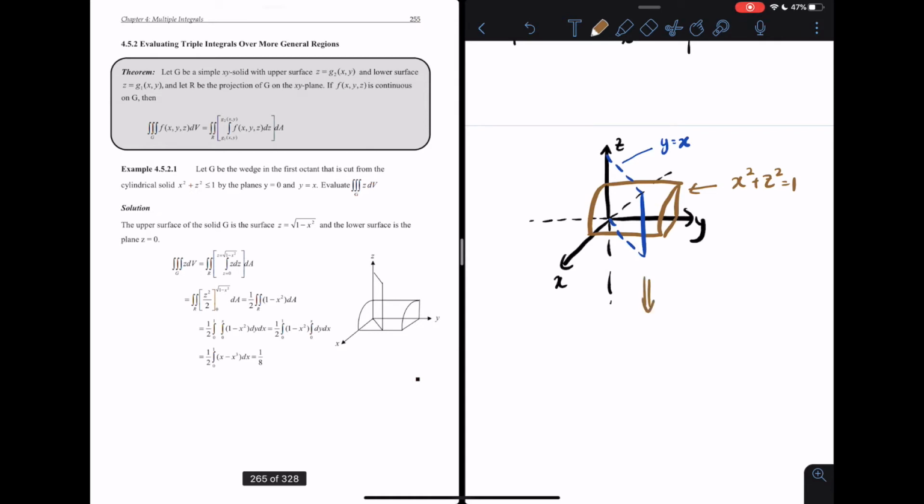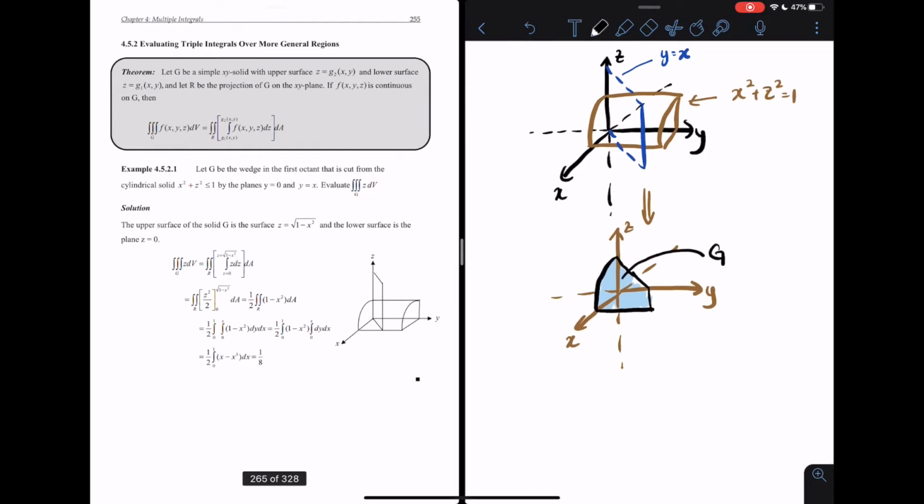Then you will end up with this solid G. From this solid G, you are able to evaluate the triple integral.